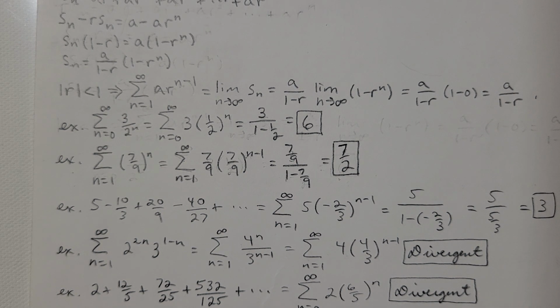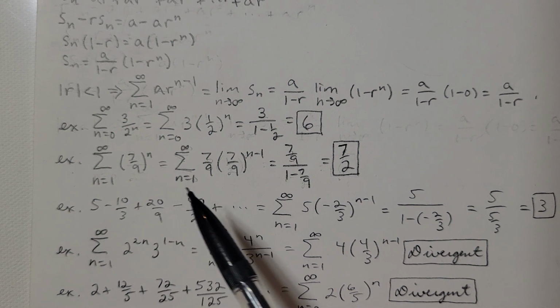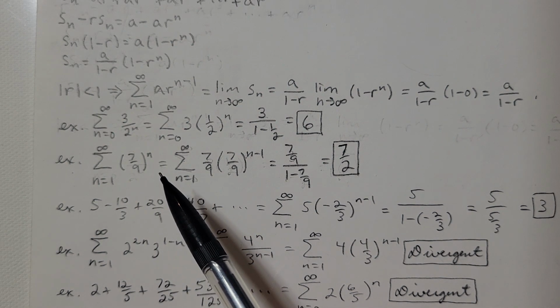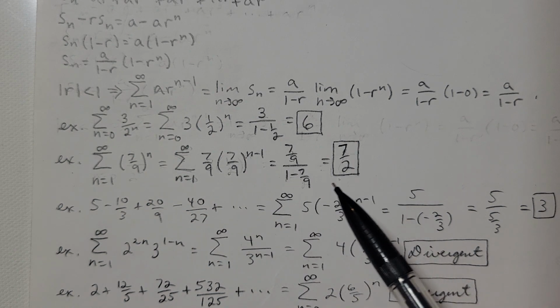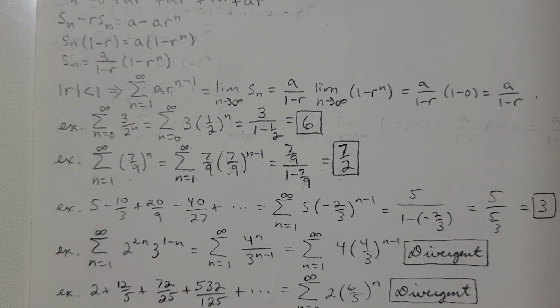So in other words, if I add up all infinitely many of these terms, I get 7/9 plus 7/9 squared plus 7/9 cubed plus 7/9 to the 4th. The grand total would be 3.5.